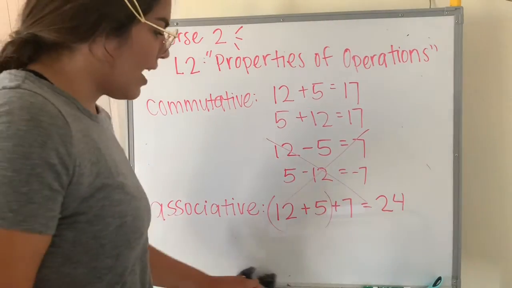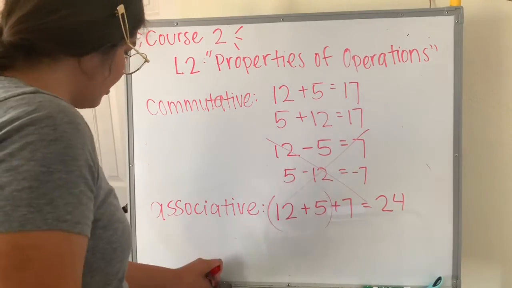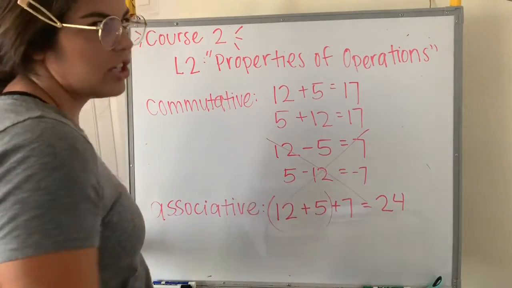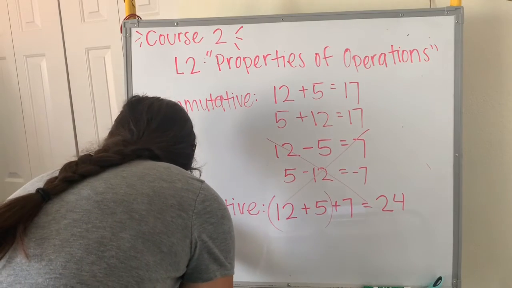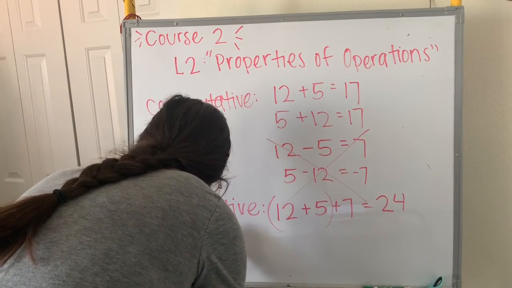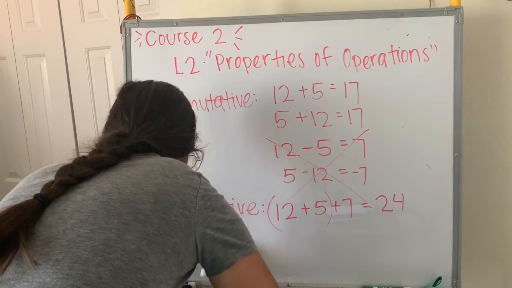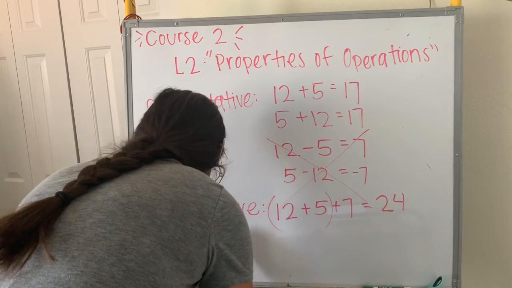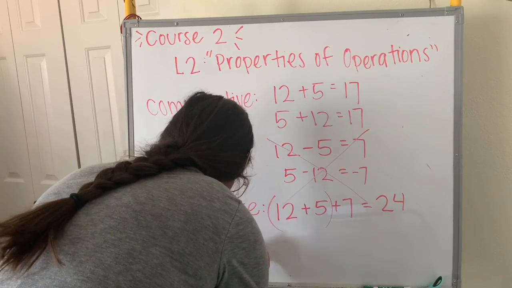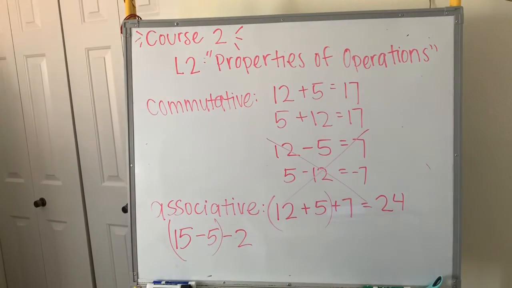So let's try that with subtraction. We need some more space. And I'm going to change the numbers up. So what if we did 15 minus 5 minus 2. And I group these together. 15 minus 5 is 10.